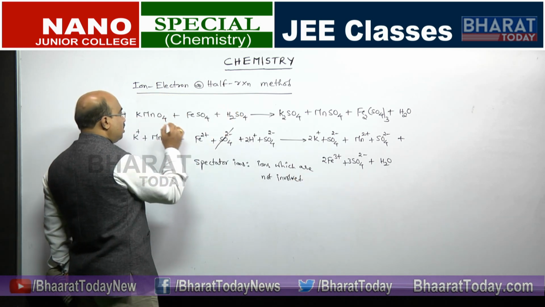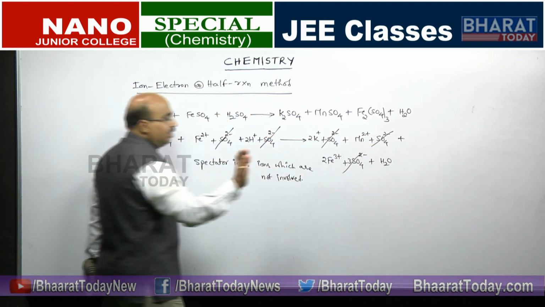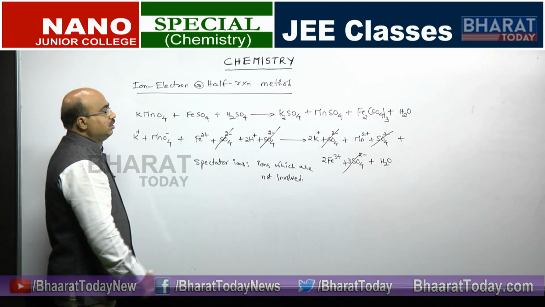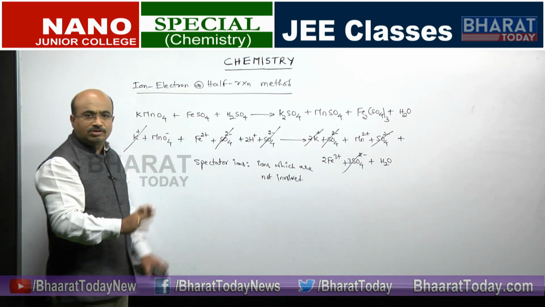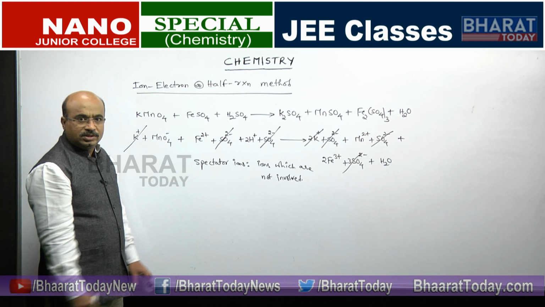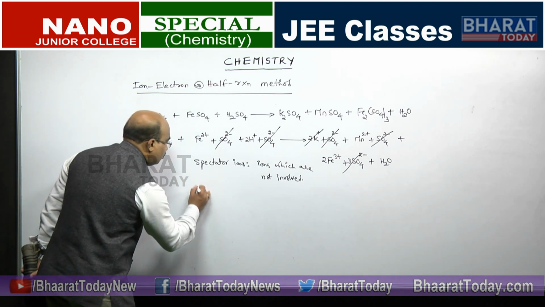Sulphate is here, sulphate is here, sulphate is here, all this you remove. Potassium is here, potassium is here, no need to see the numbers, just remove them. Then write the remaining equation. So, what is the remaining equation now?